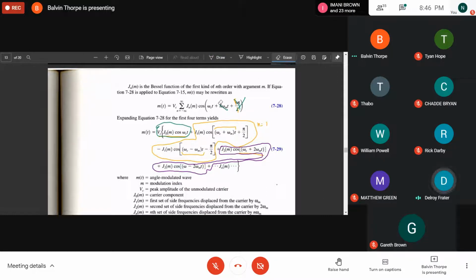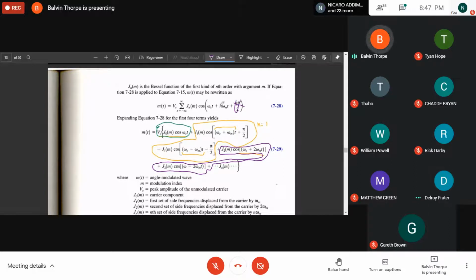Yeah, at that instant, you're dealing with the upper band. There's no upper band. You have no sideband when n equals 0. When n equals 0, in this expression, remember this is the expression we're expanding, this goes. Agree? Because 0 is 0, right?